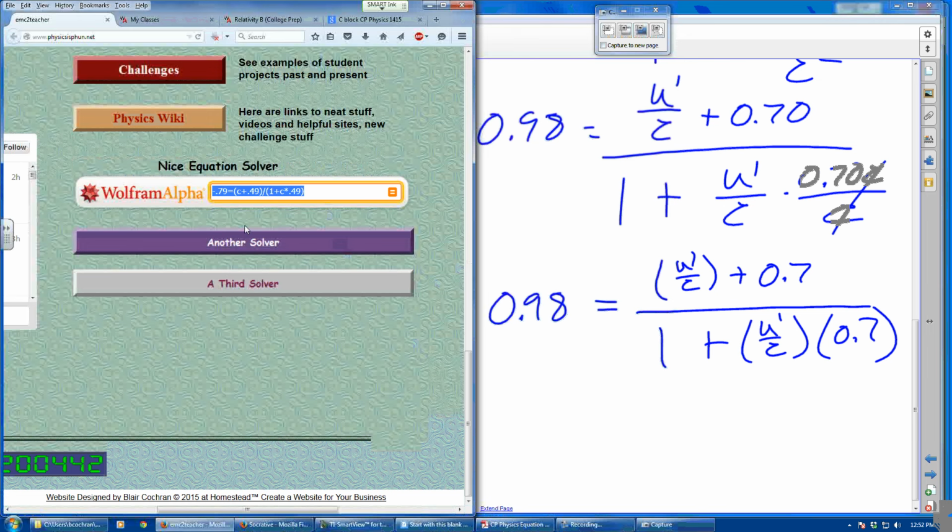So I'm doing 0.98 equals, parentheses, what variable do you want me to use? X. Because I'm trying to be nice. Plus 0.7 divided by, parentheses, 1 plus X times 0.7.